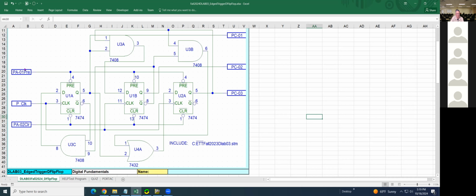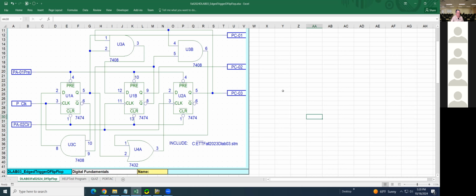First one here, PA01 preset. P clock, positive clock. And PA02 clear. 3 inputs here. Okay, how many outputs? Three. PC1, 2, 3.